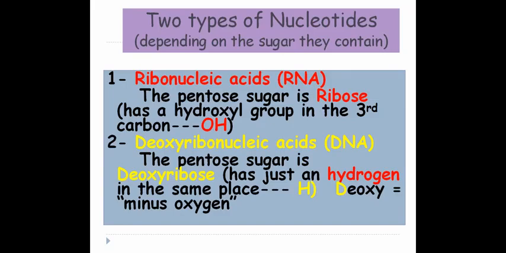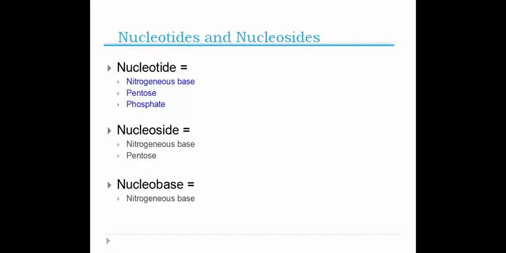The difference starts first of all in the name. Deoxy means there is no oxygen, it is lacking an oxygen. RNA has the oxygen present. So deoxy is minus the oxygen.